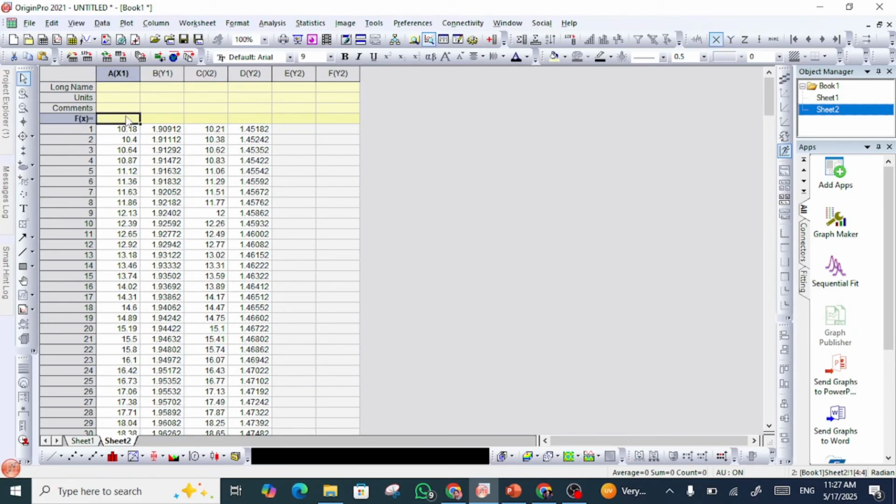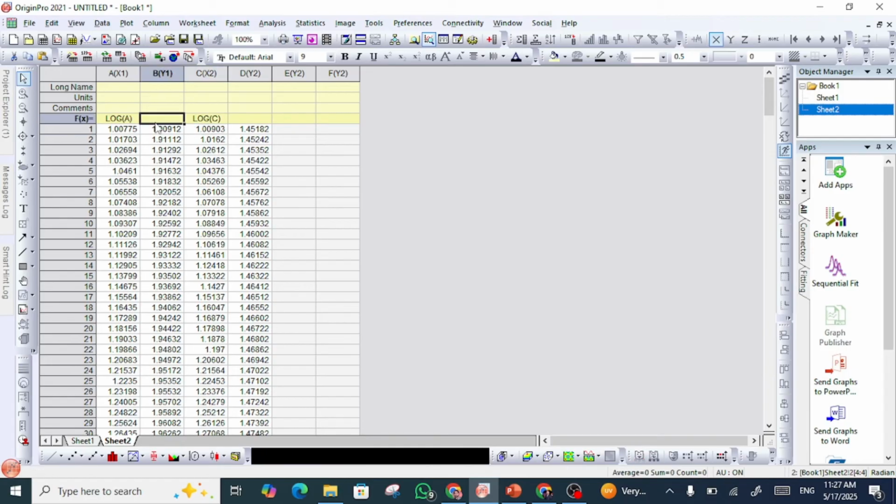Now we have to take the log of the current. Simply I will write log of column A, and then the log of column C. We have to subtract 1.23 from this value, B minus 1.23 and T minus 1.23.